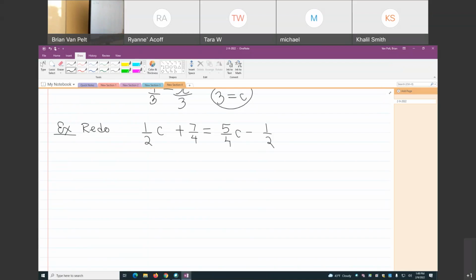While I'm not recommending that you pursue this, this is no different than the previous problems we did. I have a C term and then a number on both sides. Right now, I can choose the side that I would like my C to appear on. I personally would pick, I would get rid of this 1/2 C.